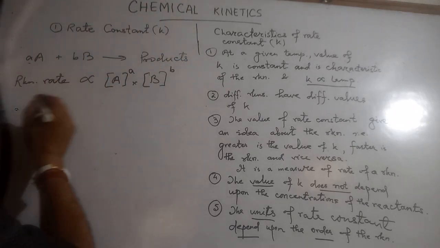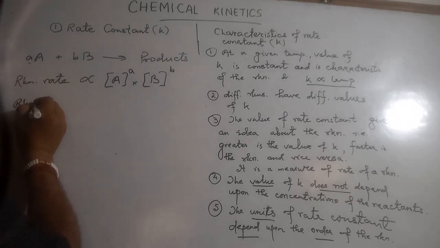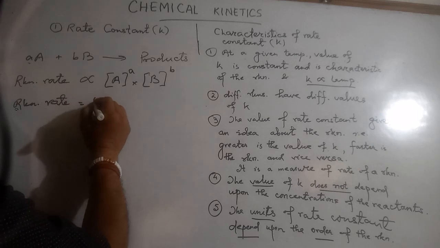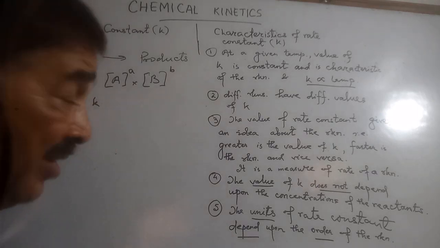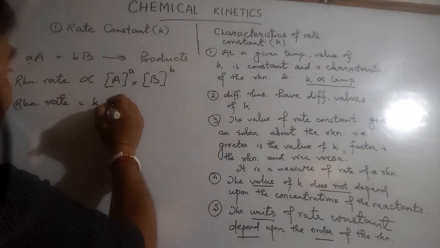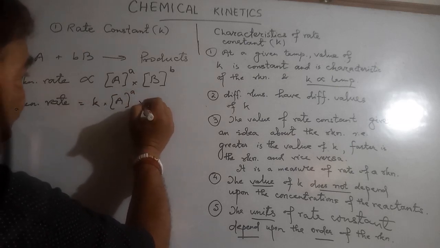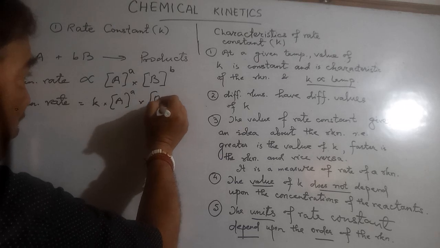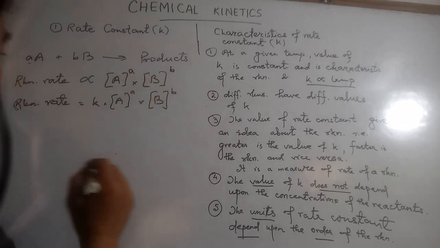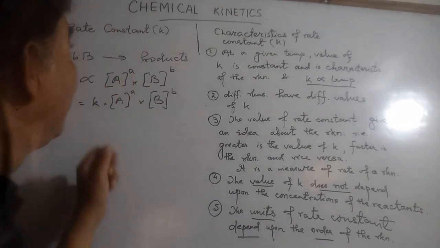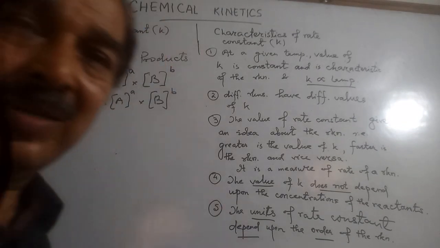So now we can write that the reaction rate is equal to the proportionality constant K into the molar concentration of A to the power a into the molar concentration of B to the power b, where K is the proportionality constant called rate constant.